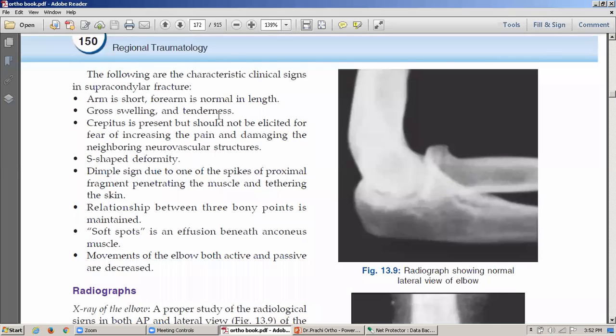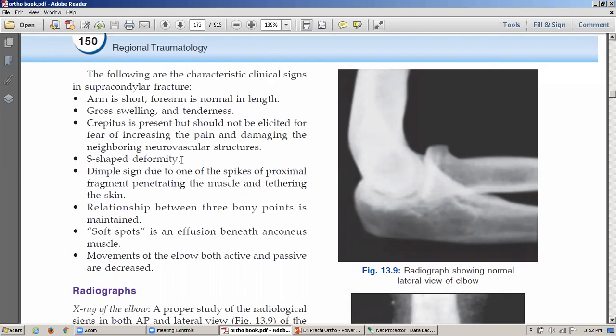The following are the characteristic clinical signs in supracondylar fractures. The arm is short and the forearm is normal in length. Then there is gross swelling and tenderness. Crepitus is present but should not be elicited, for fear of increasing the pain and damaging the neighboring neurovascular structures.